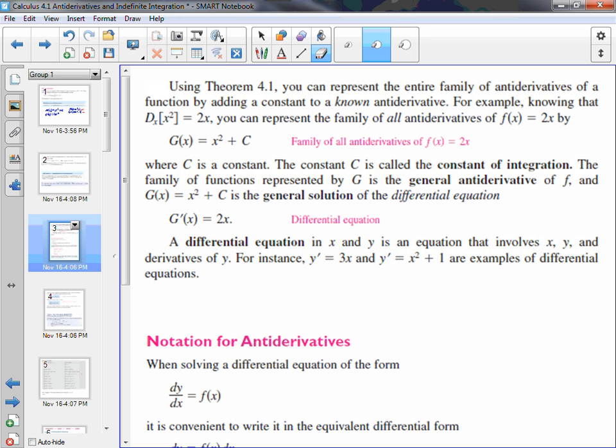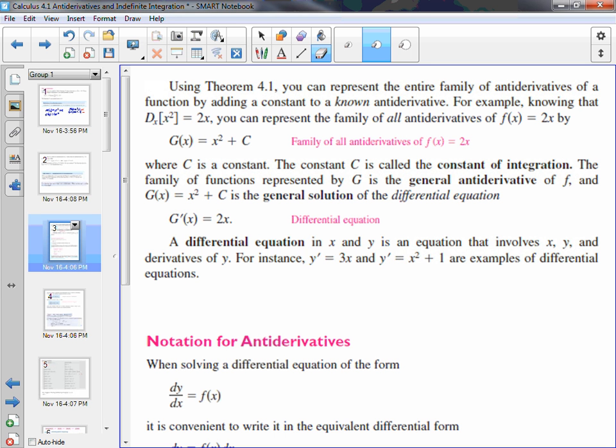The family of functions represented by capital G is the general antiderivative. All right? Because we will get into specific antiderivatives, but only when we're given more information. Okay? We must be given more information to know which specific or particular antiderivative we're talking about.